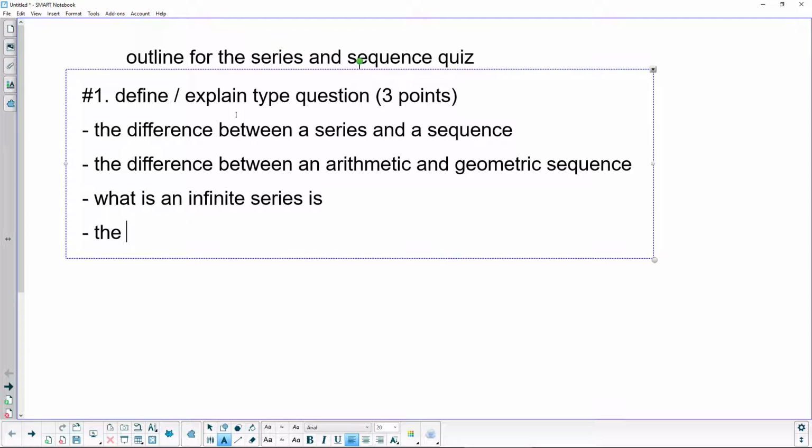Knowing the difference between divergent and congruent series.